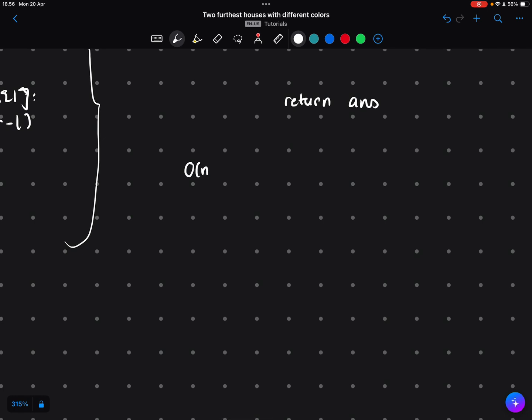There's another brute force approach to it, O of n squared. If I had to show this very simply, it's just pick each number and then run another loop for another number, for j in range. Run this from i plus 1 to n.